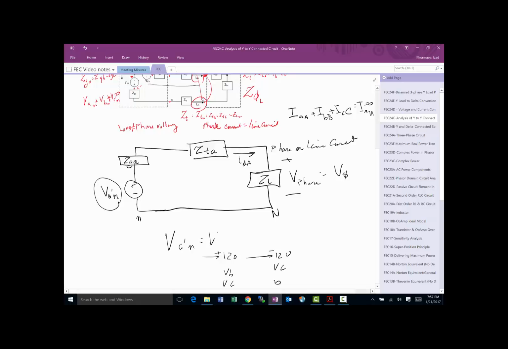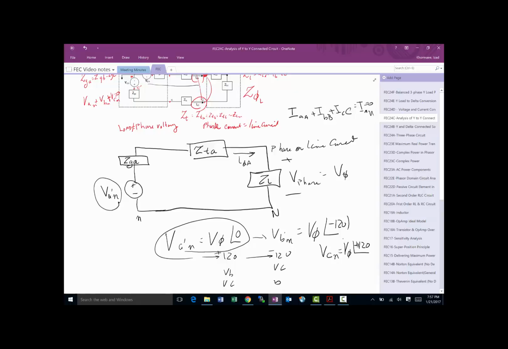So if VAN was V phi angle of 0, then VBN would be V phi angle of minus 120, and VCN would be V phi angle of plus 120 in one phase sequence, and the reverse in the other phase sequence.